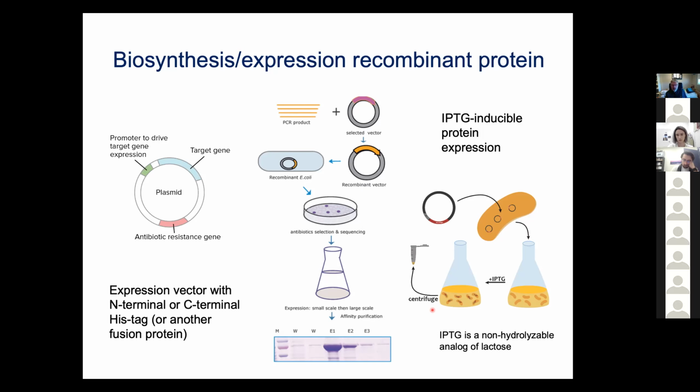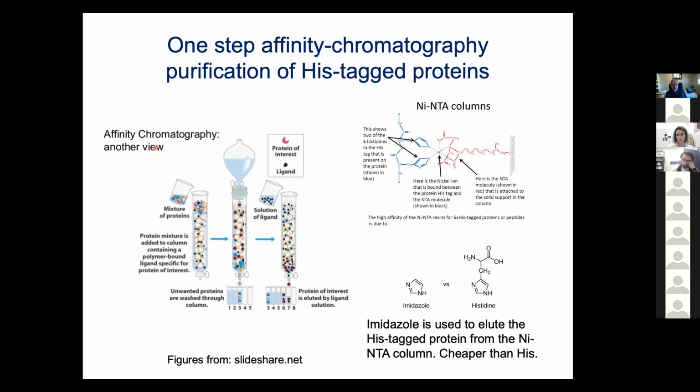Now, I already told you that if you were smart, you made sure that there was a His tag either on the N terminus or on the C terminus of the protein. So now you can try to purify your protein, because here is a column that recognizes histidine.